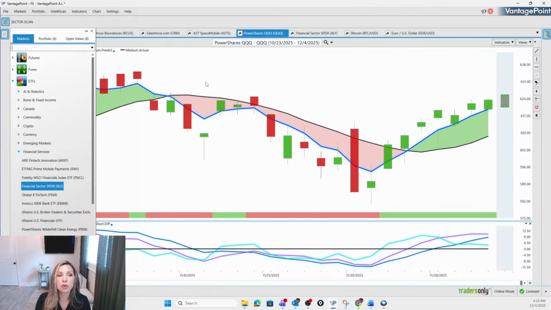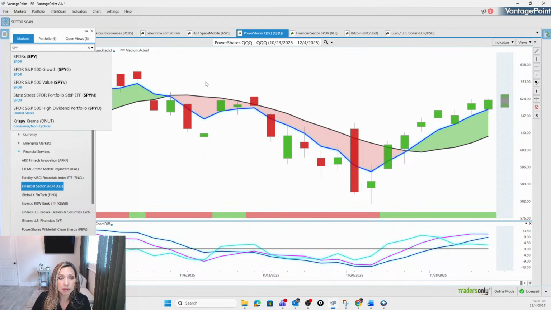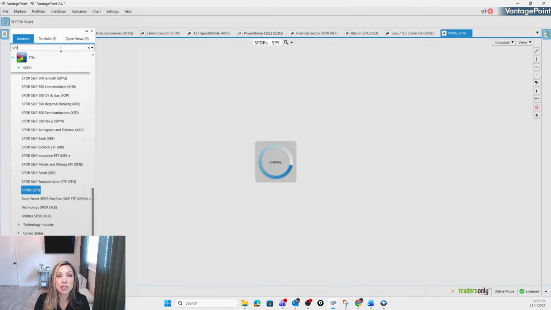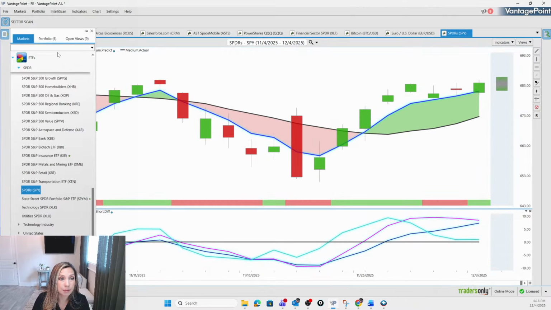And we can do that using ETFs in VantagePoint. So in the market conditions, we'll utilize the ETFs. So that's going to be the NASDAQ or the Qs for that NASDAQ index. Then we can also use the SPY for the S&P.